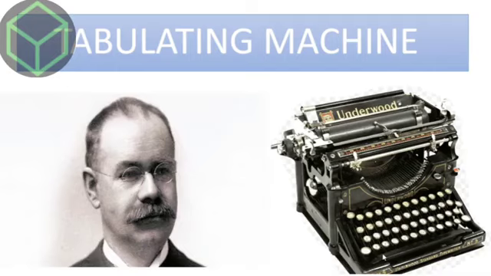Tabulating machine. In 1890, Herman Hollerith, an army engineer, invented a tabulating machine. The tabulating machine was used in the census to count the population of the USA. It gave a quick count of the US population.